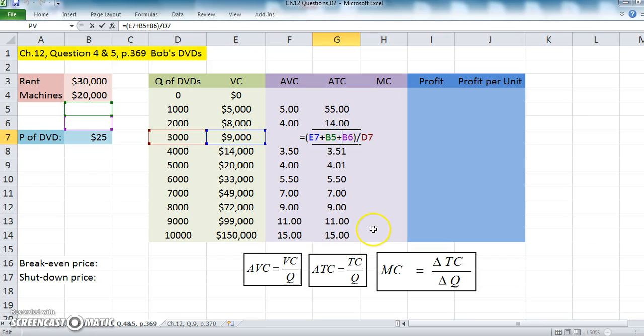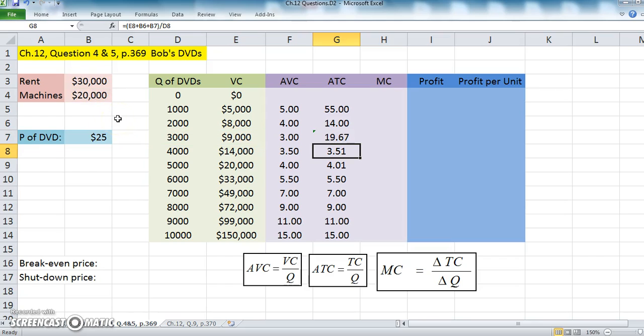If you double click on here, you'll see that it's taking the variable cost and dividing by the quantity D7. That's what we want. But notice that it's adding B5 and B6, which we don't want. We want Excel to keep on using the rent and the machines.